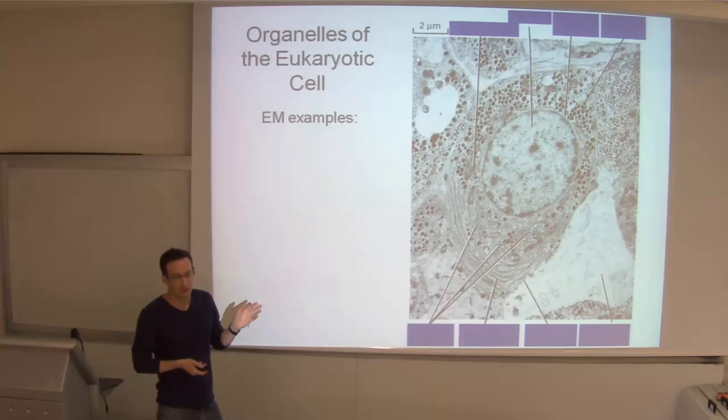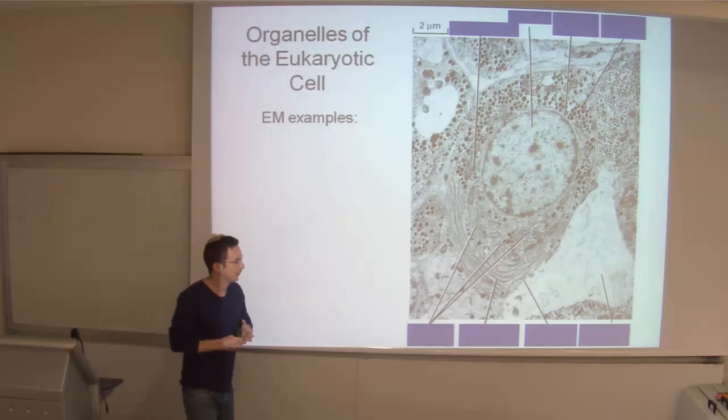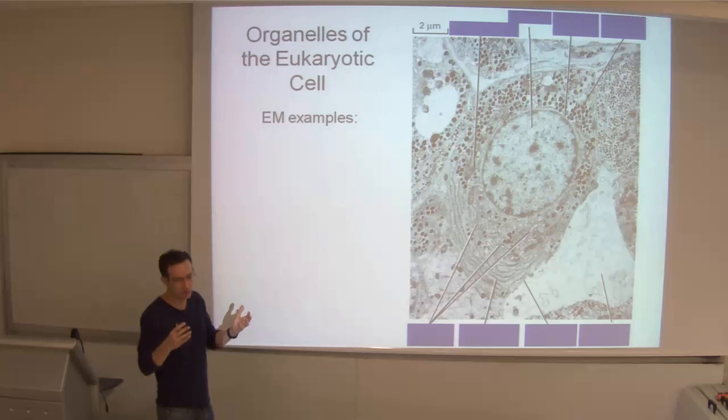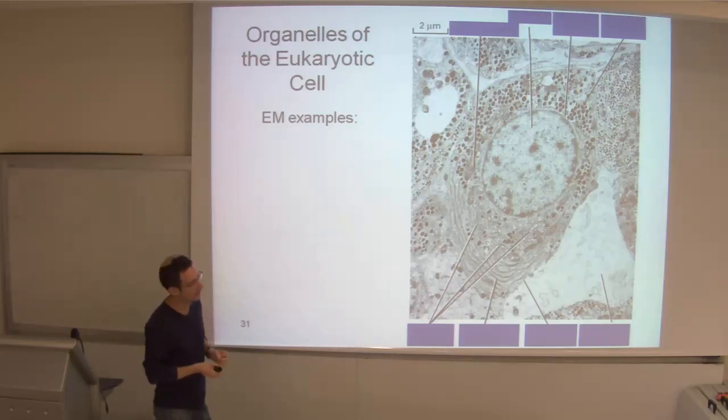Okay, so different cells have very different morphology from the outside and also from the inside. Some cells have gigantic ERs, endoplasmic reticulum, and Golgi. These are usually cells that secrete a lot of proteins, like cells that are located in the intestine.